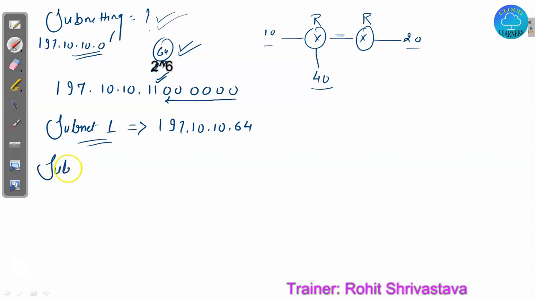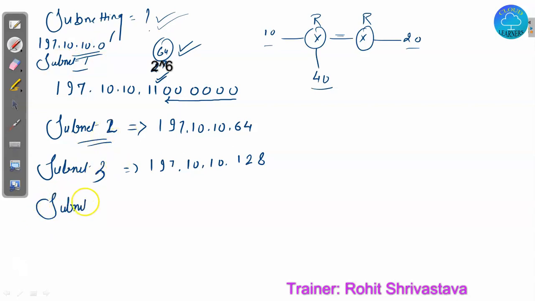Subnet 2 will be 197.10.10.128. So this will give subnet 1, this will give subnet 2, this will give subnet 3, and this will give our subnet 4.